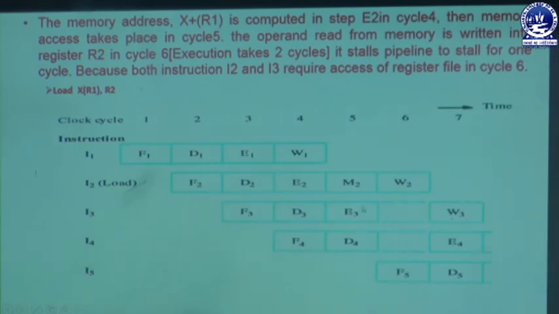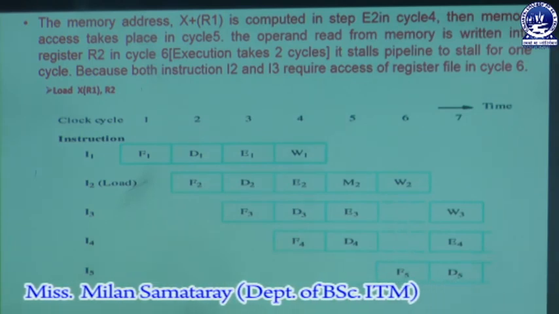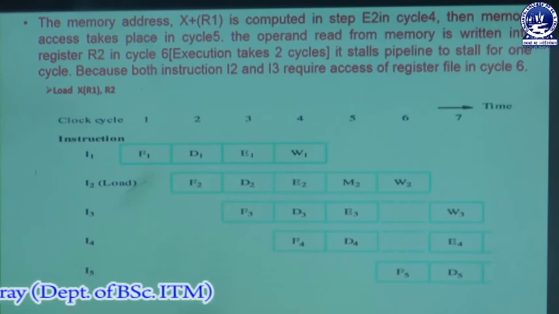When it waits in this execution stage, I4 cannot go to the execution stage, so it will wait in its decode stage, and as it is in the decode stage, I5 will wait for fetching. In this way, the pipeline will stall for 1 clock cycle, and in the previous example which I discussed, the pipeline was stalled for 2 clock cycles.